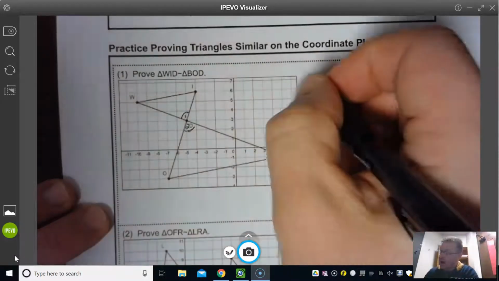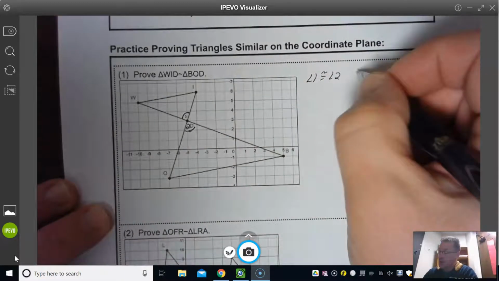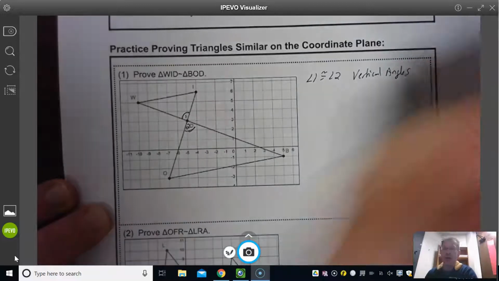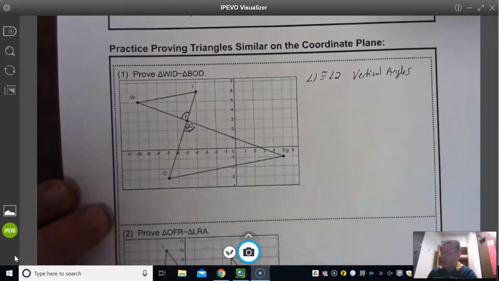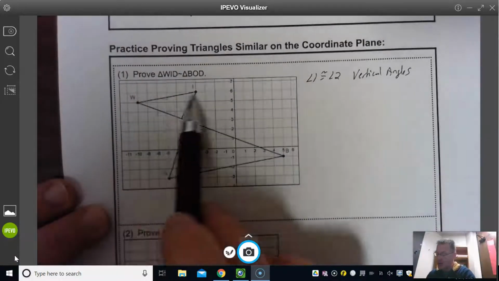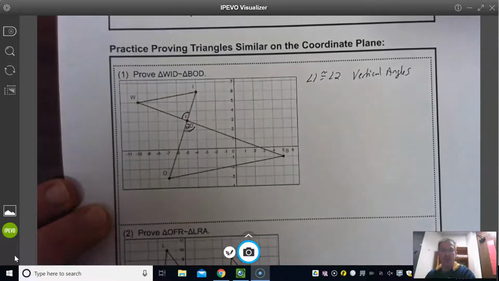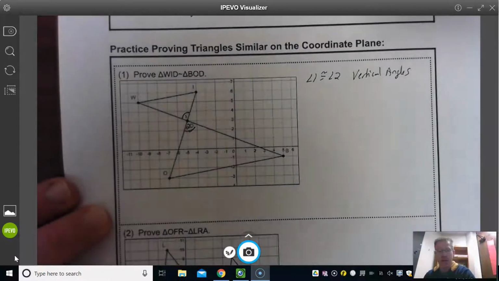I know angle 1 is congruent to angle 2 because they're vertical angles. Which means if I want to use angle, I just have to find one more pair of congruent angles. Well, when I look at this picture, it looks like WI and OB are parallel. And if I can show that they're parallel, then I can go for some of those types of angles that we listed on the previous page.